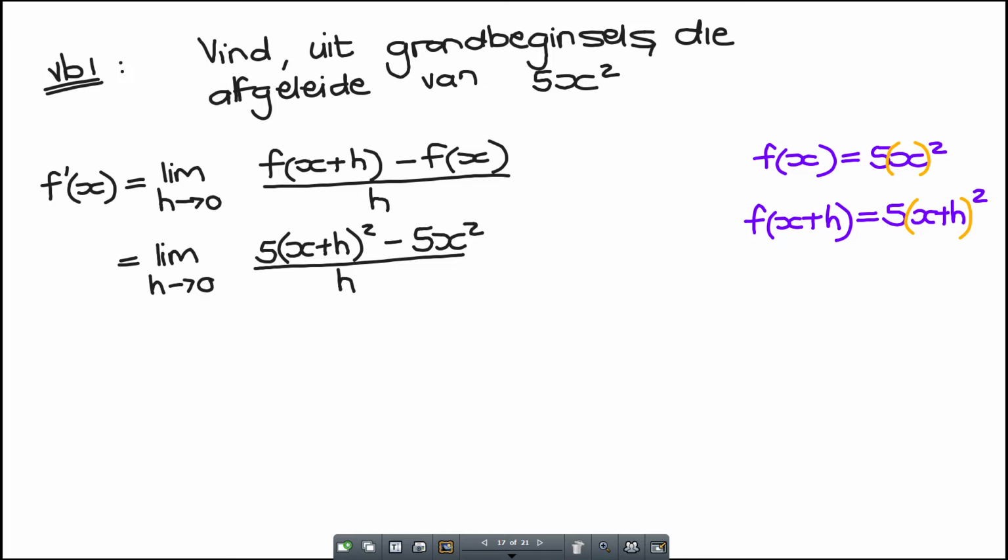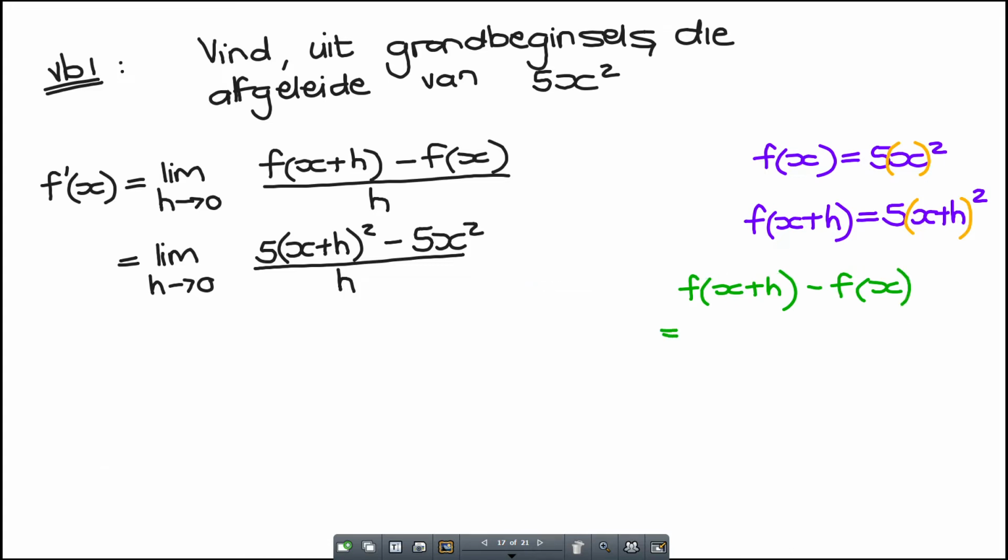Now, what I said earlier on is some kids like to do that part separate. Okay? So ek doen nou sommer so al twee in een vir jou. Hier so langs die kant gaan ek nou gaan vir jou sê, okay, so wat gaan fx plus h minus fx dan wees?